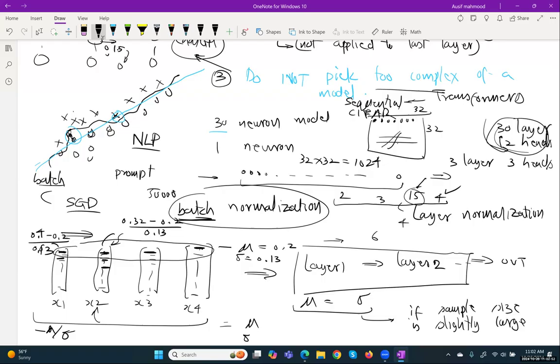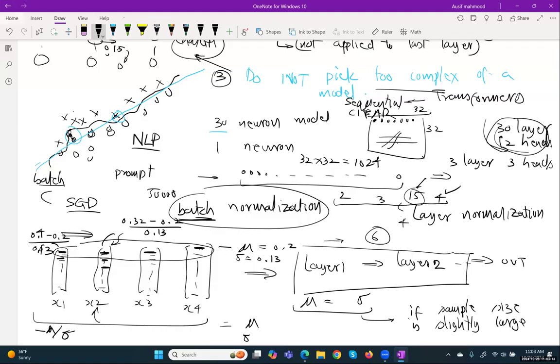If this was 4, what will be the mean? 4, 4, 8, 3, 11, and 2, 13, divided by 4, it's 3 point something. So you can see one data item has totally skewed our mean, and it will now do a terrible job.